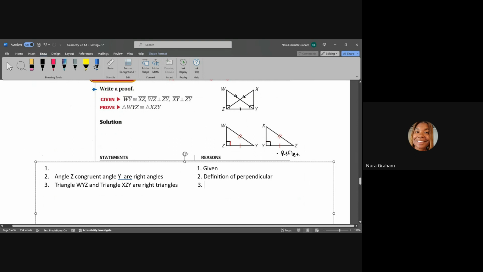And this is just by the definition of a right triangle, because a right triangle has to have a right angle in it. Now we can use our reflexive property. So we can say that ZY is congruent to YZ, and this is just by our reflexive property.